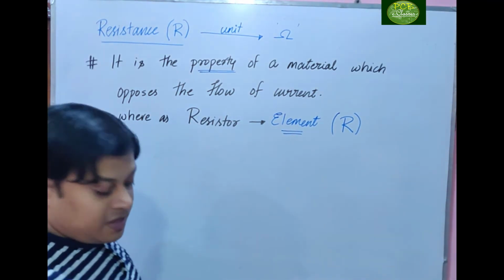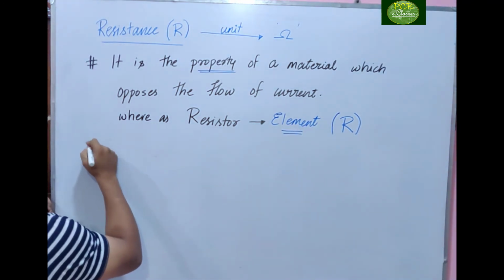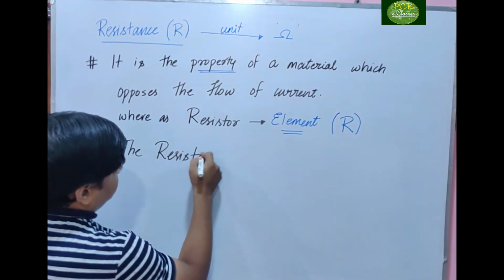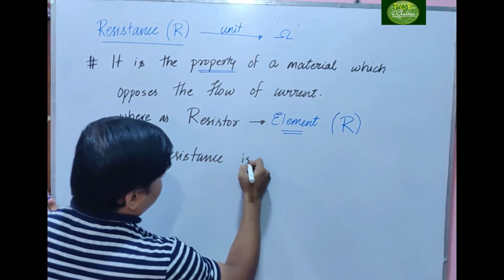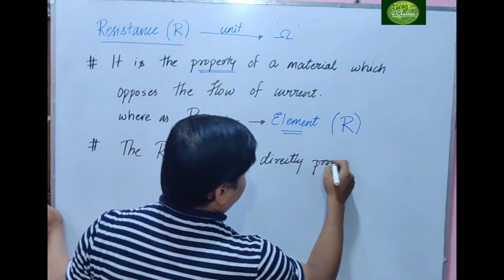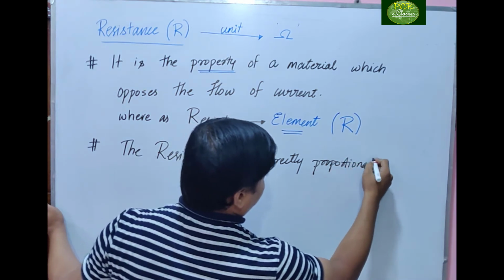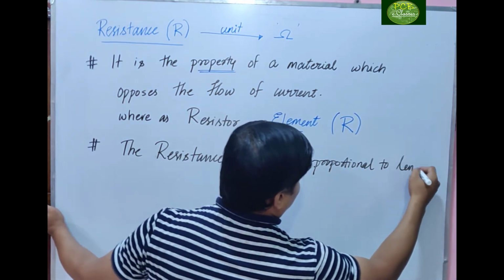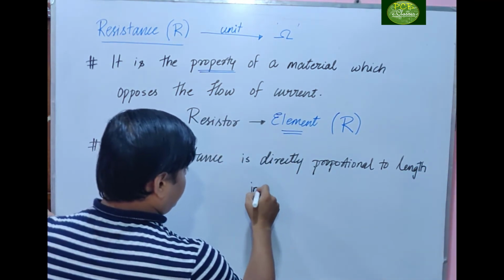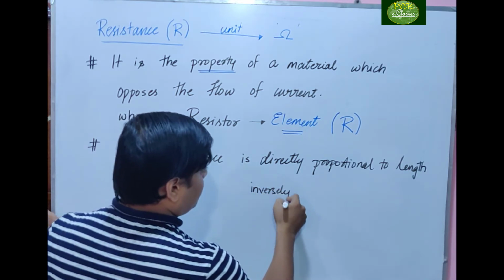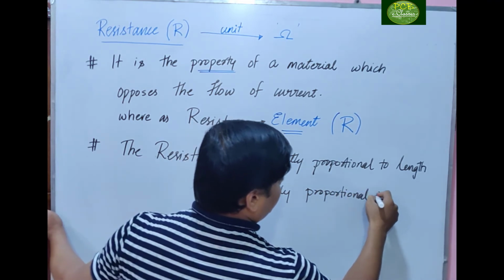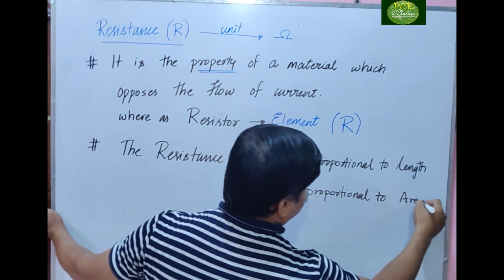The physical significance of the resistance is that it says the resistance is directly proportional to length, inversely proportional to area of cross section.